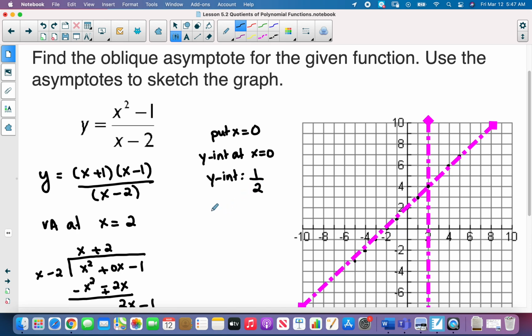Okay, and if you want to find the x-intercept, so this is the y-intercept calculation, you put y equals 0 in this function.